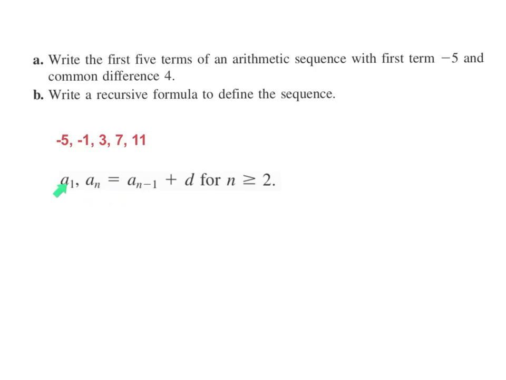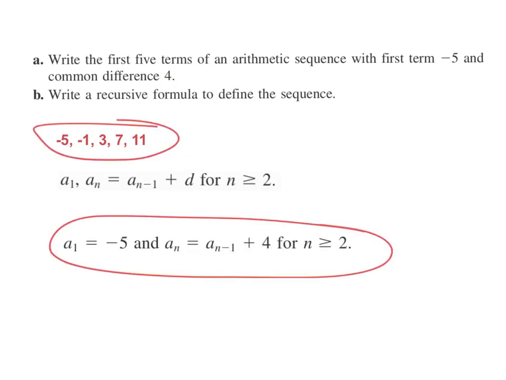So the first term is negative 5. The difference we identified as 4. So that's what this is going to look like. We have to identify the first term when you write the recursive formula. And then the rest of it plus 4, and you have to have that n greater than or equal to 2. And so that's what A would look like. That's what B would look like. Piece of cake. You're going to have to do some problems like that in your homework.